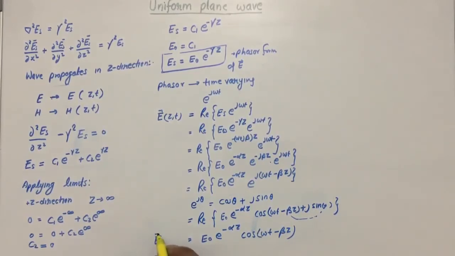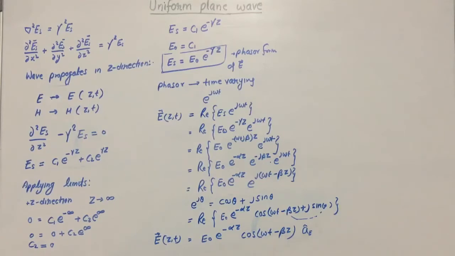This is the time varying electric field in the plane wave propagating in the z direction, and the direction of the electric field component will be in the direction of, you can write like this, a_x. Keep in mind that if the wave is propagating in the z direction, then it is minus beta z.